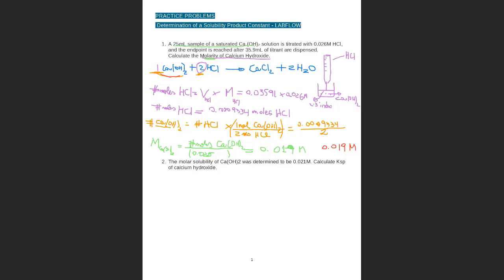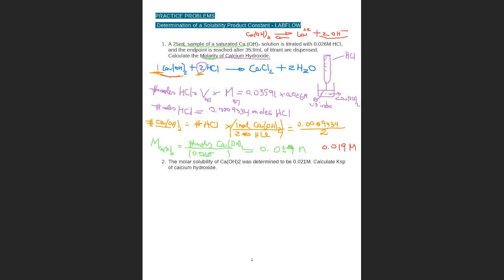If you look at the formula, the calcium hydroxide, we said that it dissociates into 1 calcium plus 2 hydroxide. So whatever you calculated, you have to multiply by 2 because of the concentration of hydroxide, exactly.